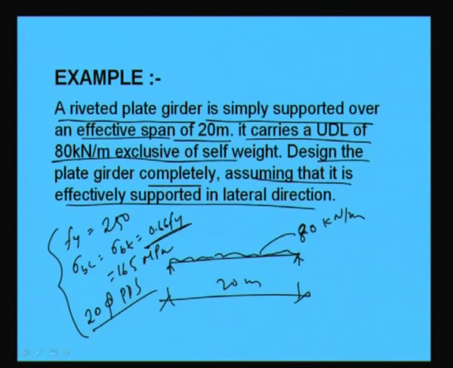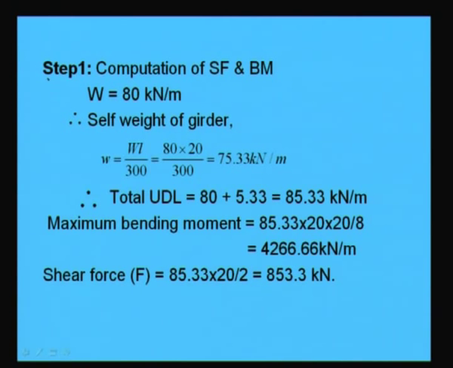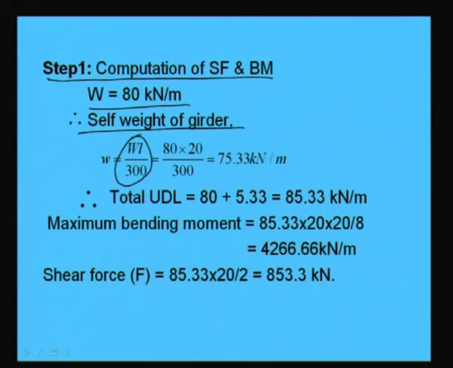Now, let us start with step 1, that is computation of shear force and bending moment. As you know, the UDL load is 80 kilonewton per meter, and for a riveted plate girder we have calculated that self weight is WL by 300. So, approximately self weight will be considered as WL by 300, as we have shown while discussing the theoretical part in the last lecture.